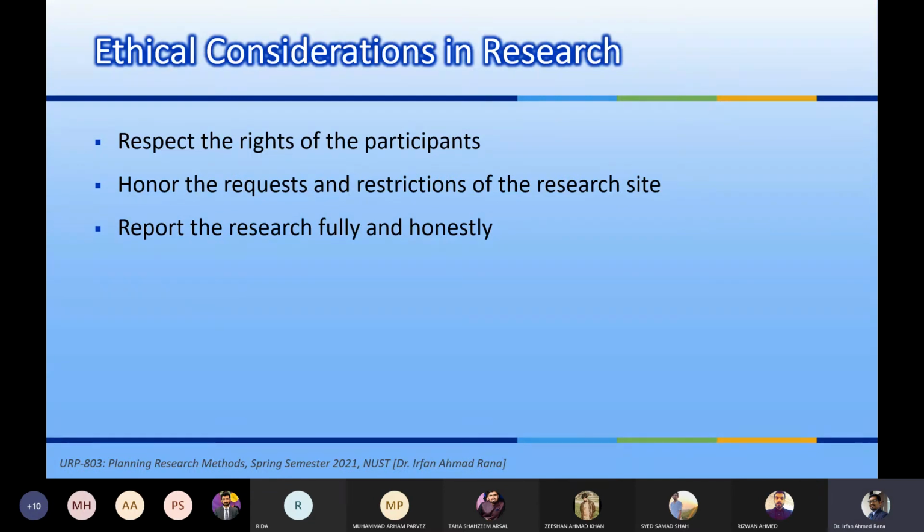When visiting institutions, you need to have proper clearances, and if you're obtaining data, you need to be ethically sure that this data is properly acknowledged from where you got it, and that you have the right to use this data to publish your research.